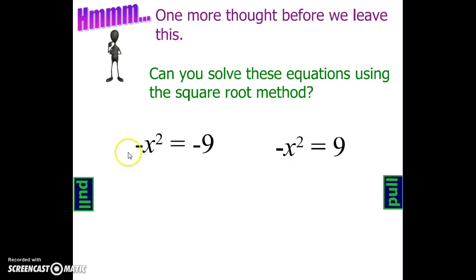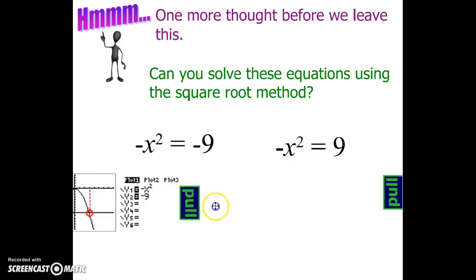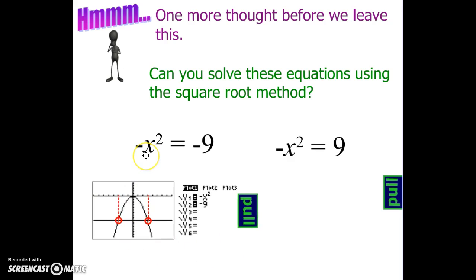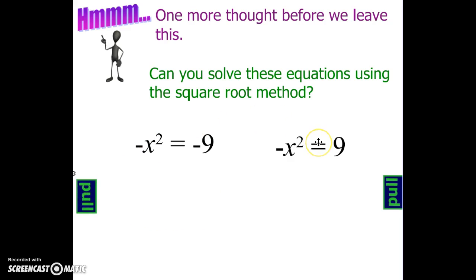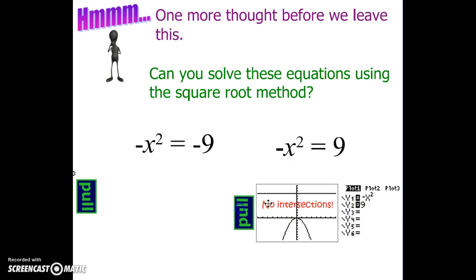However, this, I could divide both sides by -1, and I'm just taking this function, negative x squared, and finding where it equals -9, which would be at -3 and +3. However, if I look at this function and I take negative x squared, that would be down here, and it doesn't cross y equals 9.